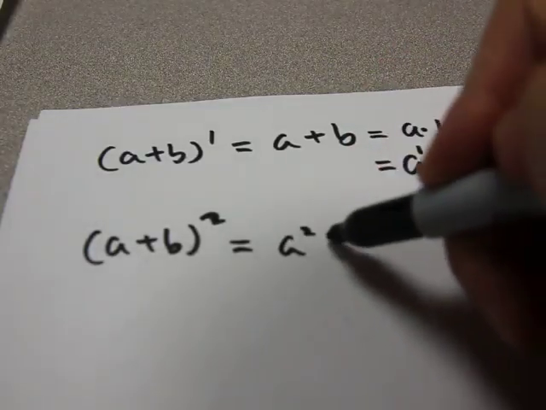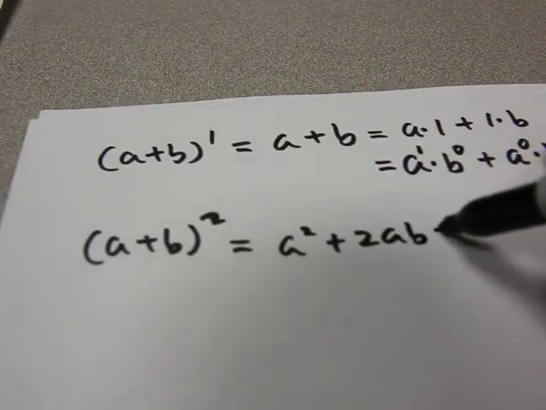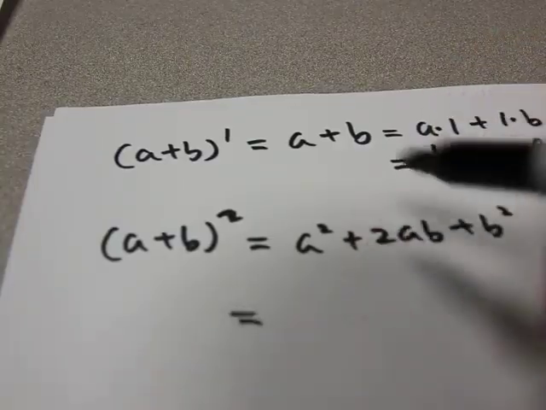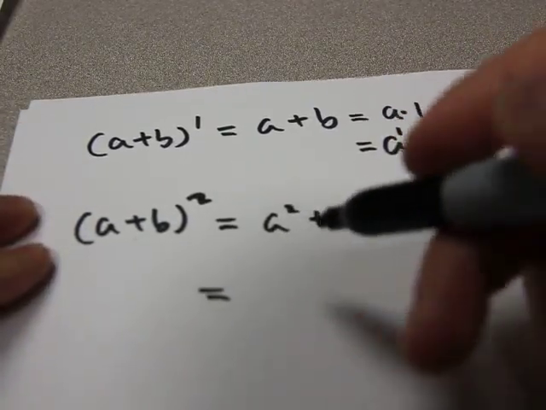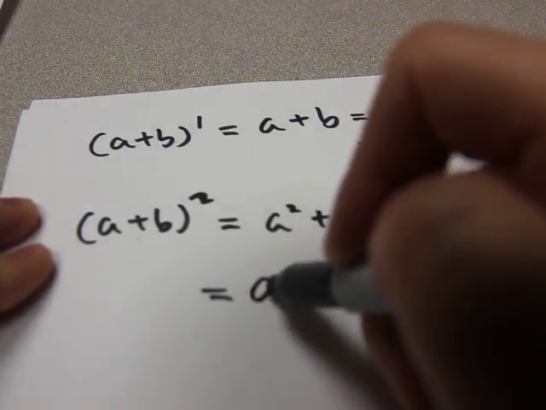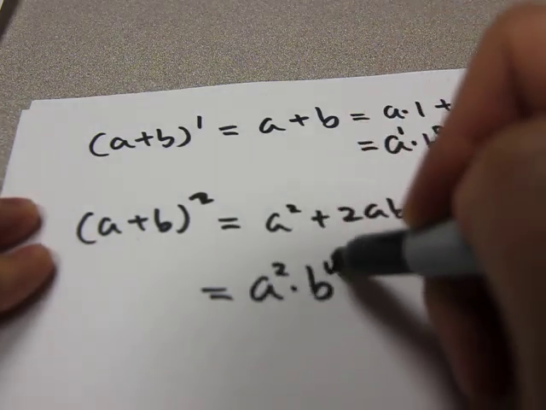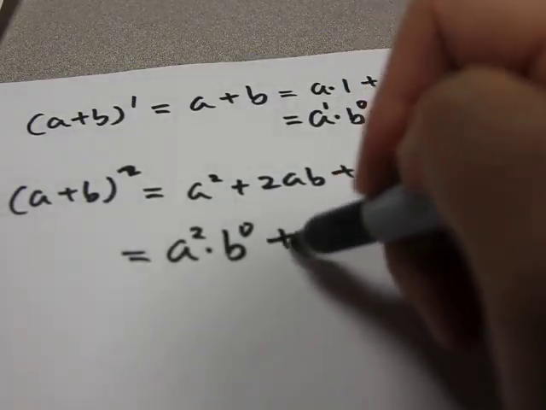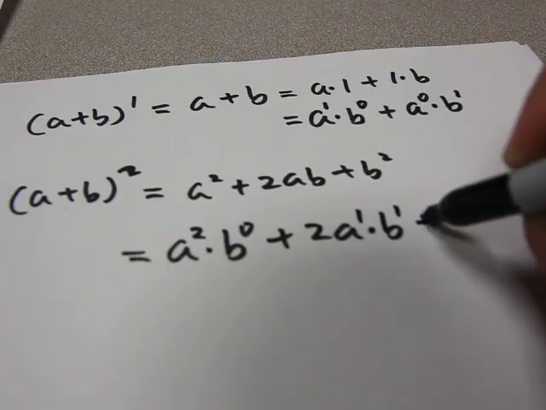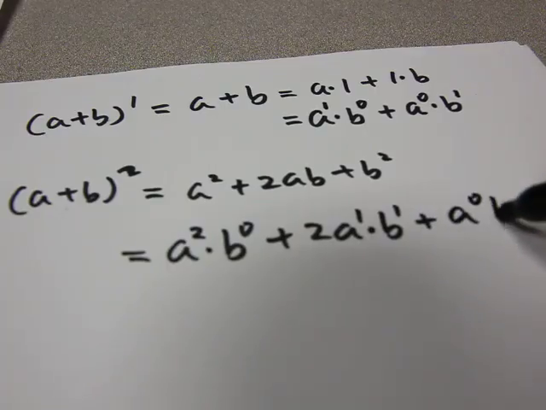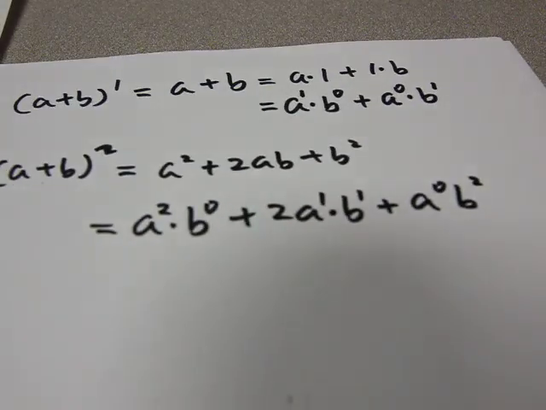And let's look at the second case. We know the result is a squared plus 2ab plus b squared. So if I rewrite this into a product of a and b, the first term is a squared times b to the power of 0. The second term is a to the power of 1 times b to the power of 1, plus a to the power of 0 times b squared.